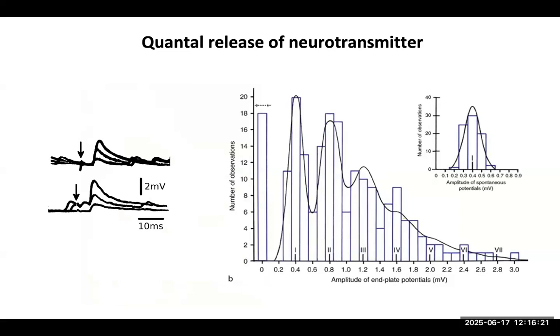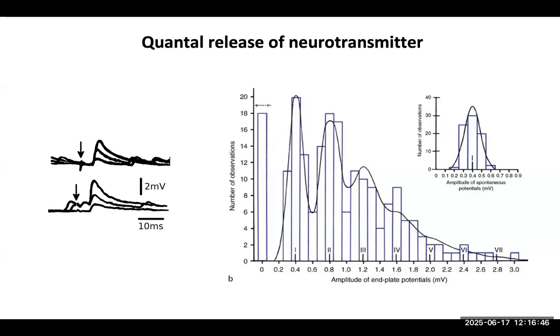But they saw kind of a Poissonian distribution where a lot of the amplitudes revolved around 0.4. It's not exactly 0.4 because there are technical challenges to calculating the absolute voltage, so they had a range between 0.3 and 0.5 or 0.6. But there is an increased observation at 0.4.